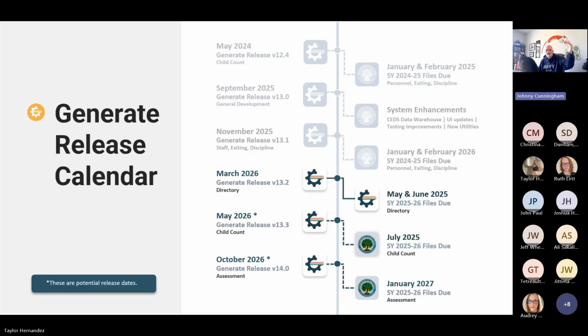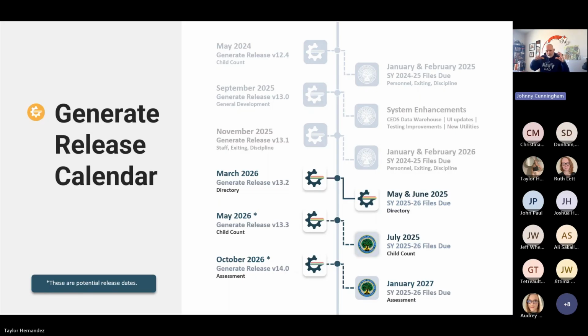And then we would have the numbered release where we're going to go from the 13 version to 14 in roughly October. There are asterisks by those two just because the dates could change slightly. This is going to be slightly different than in the past for those of you that have been with us for a while, where we used to have a numbered release in the summer, and then another release in October and then another one in December.